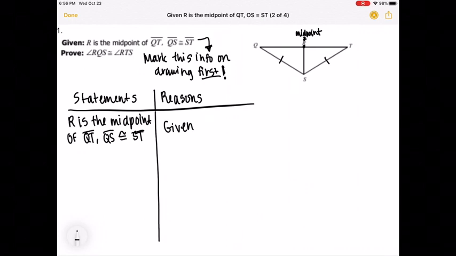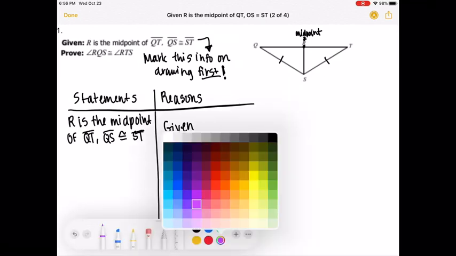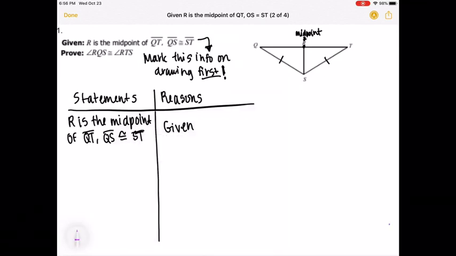Now I'm ready to go on to that first part. We talked about finding any more info you can using your angle relationships. So I want to look at my triangle. If I know that R is the midpoint, that means QR is congruent to RT.